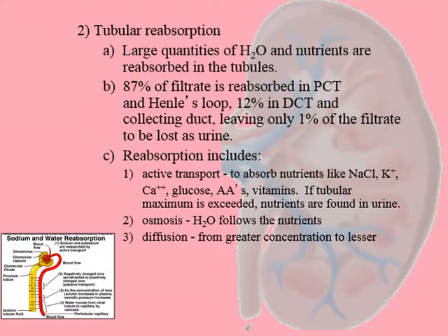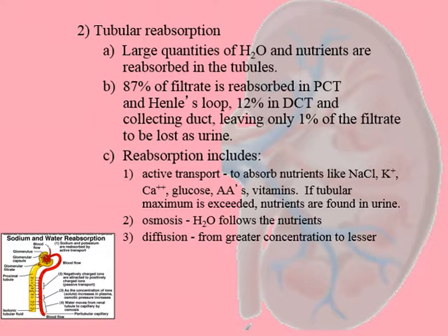So we know that urea is a waste product, but if you think about this, so here we are going down the nephron. If you think about the urea concentration being the same as what's in the plasma at the start of the nephron, but then we start pulling water out, the urea concentration is going to increase, right?